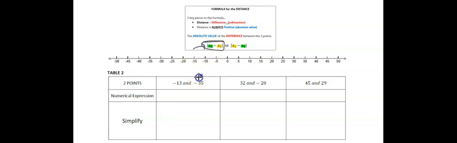Remember, x2 is going to be this value first in your absolute value bars for your subtraction. So use that formula, write the expressions with the absolute value bars, and then simplify them. And then, again, use your number line if you need to confirm that your answers are making sense, if you need a visual. And then turn the video back on to see how you did.